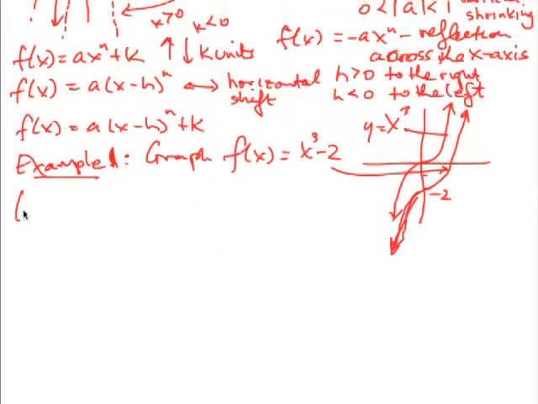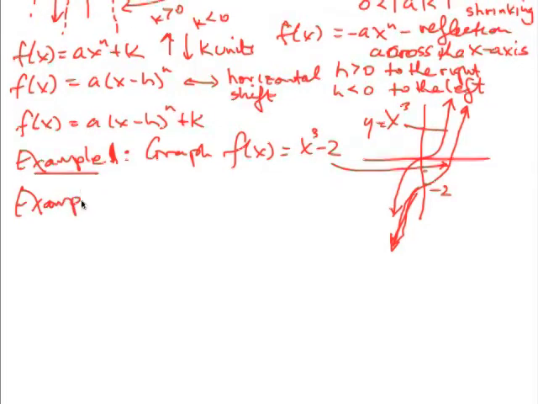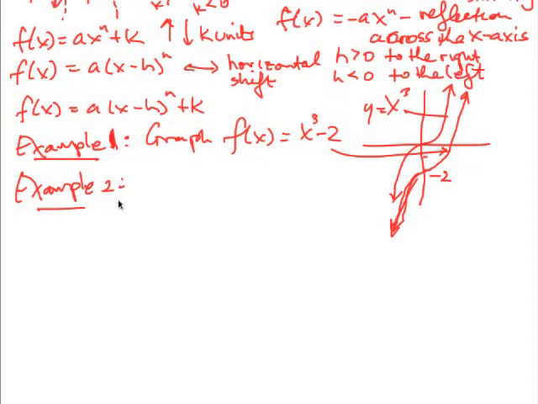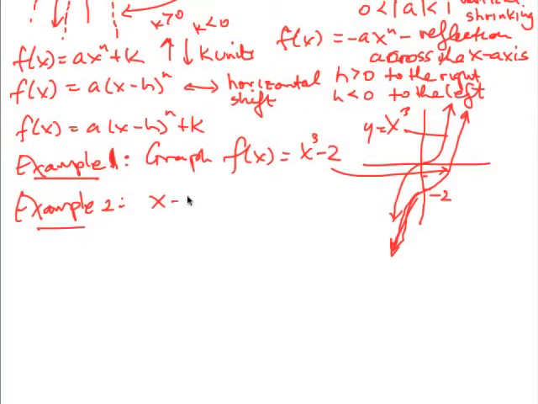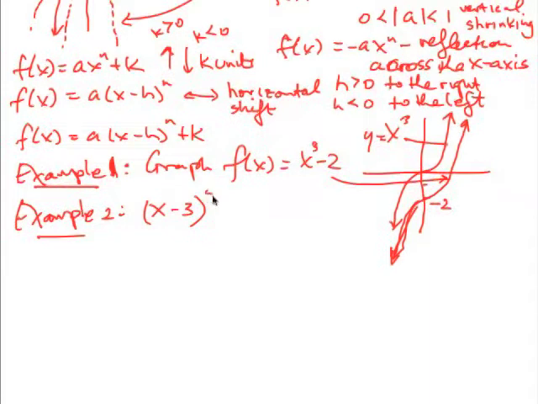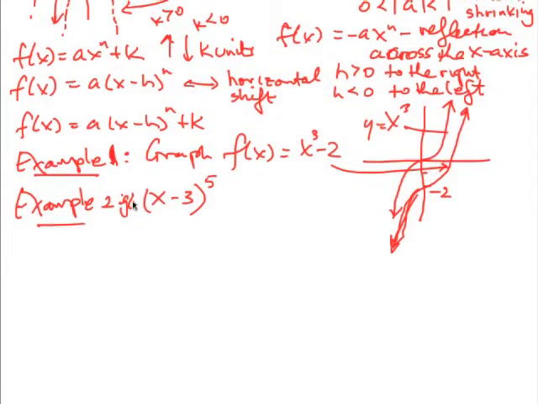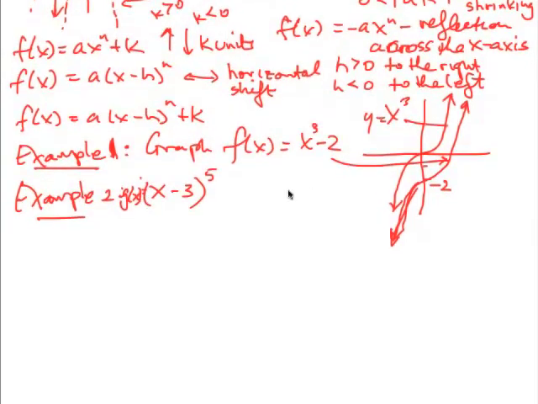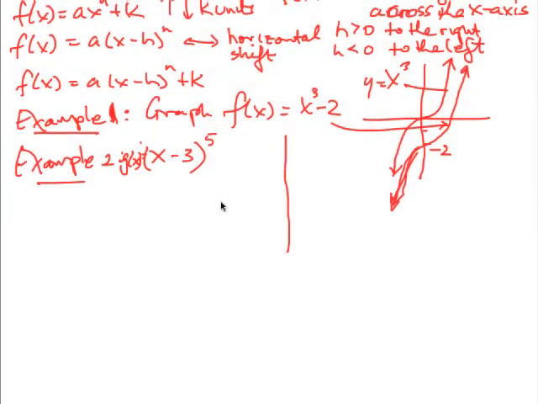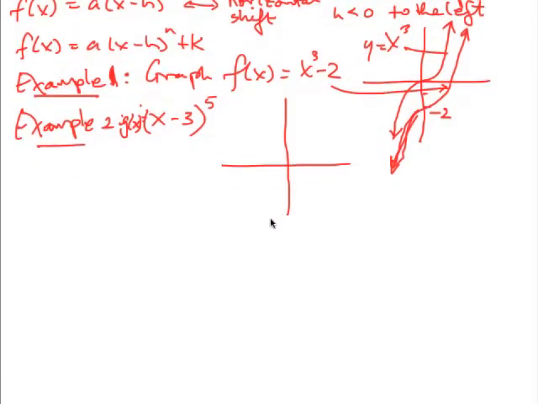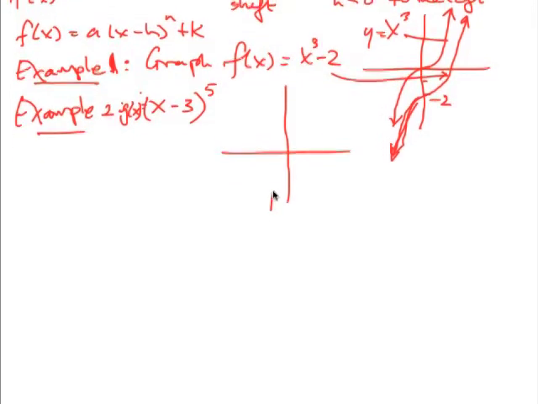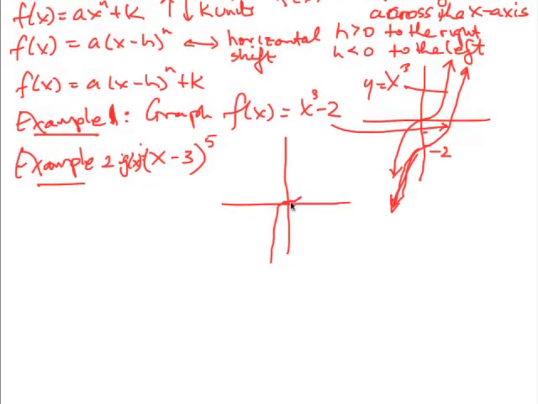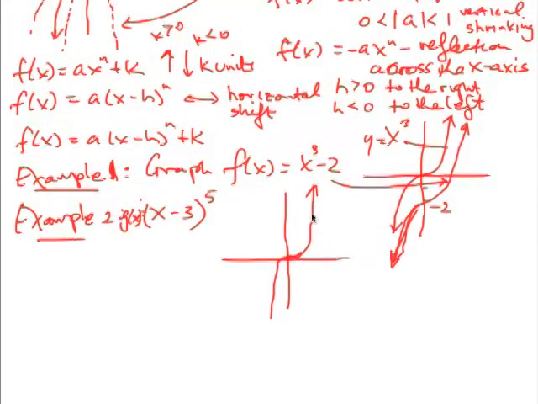Okay, what if we have, so let's look at example 2. Okay, what if I have x minus 3 to the power of 5? Let's call it g of x. Right, so we start with our power of 5, which is really just very narrow here, but then flattens out a lot here, like so.